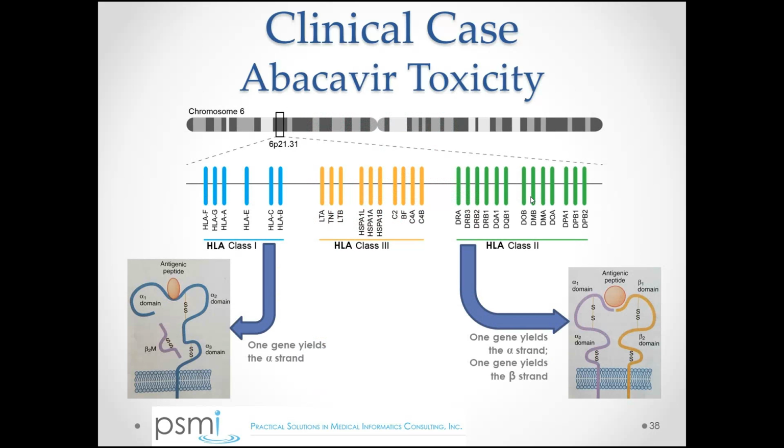For abacavir in particular, what we see, again, is the HLA-B gene. The HLA-B gene results in this HLA molecule sitting on the surface of a number of cells, and this molecule presents antigenic peptides to white blood cells as a way of triggering an immune response.